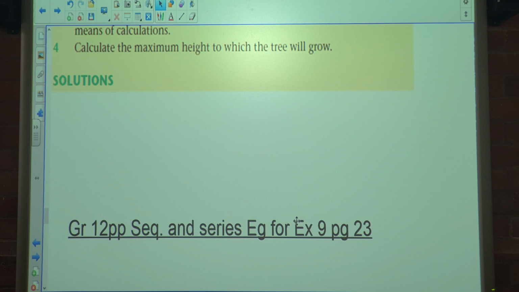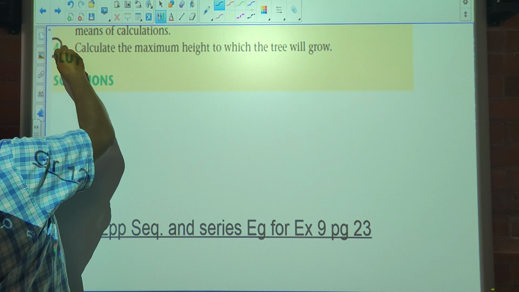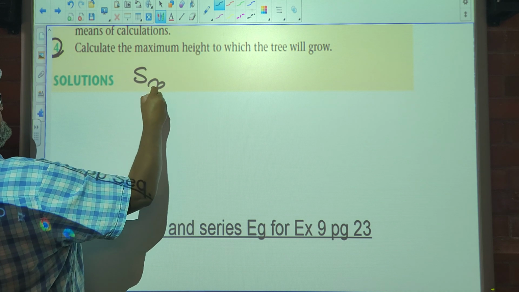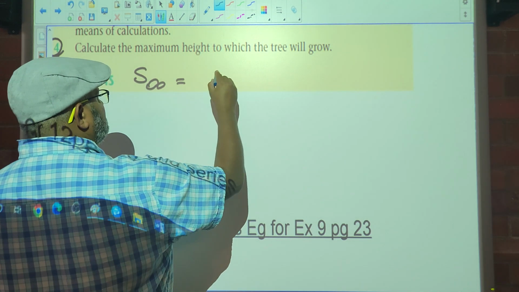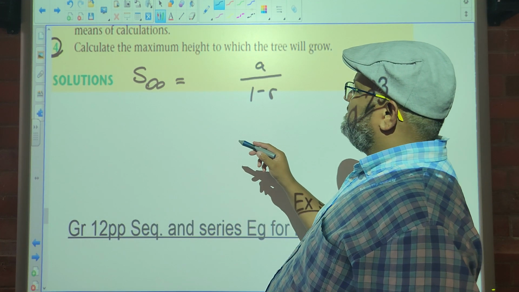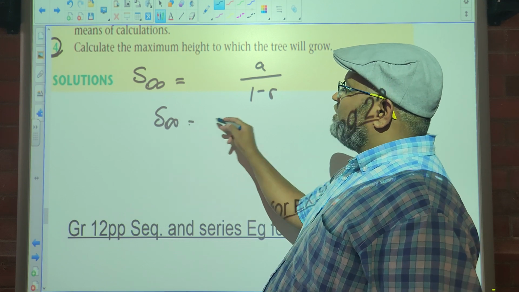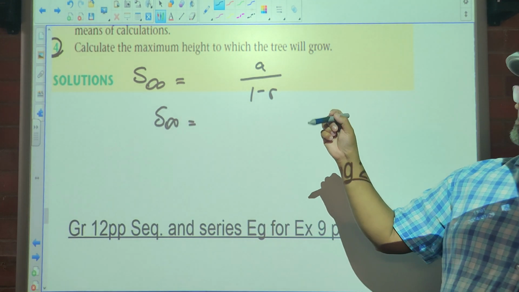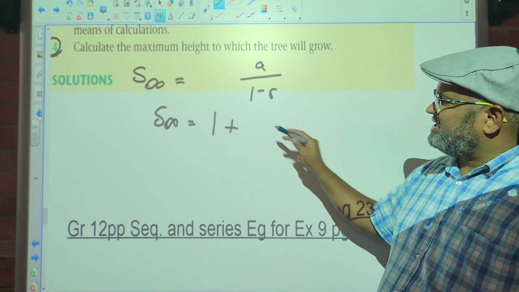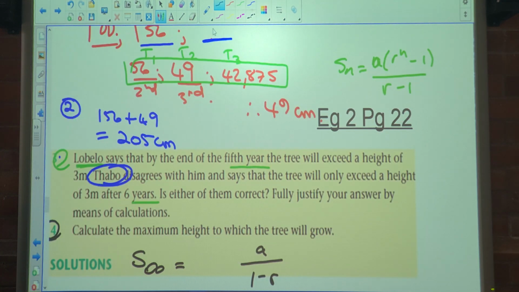Okay. So we're actually going to work out the sum to infinity here. Not so. The sum to infinity is equal to a over 1 minus r. Okay, but remember, the first year did not conform to this pattern. So what do I say? 1 plus. Now what is the a value in this pattern? 56.